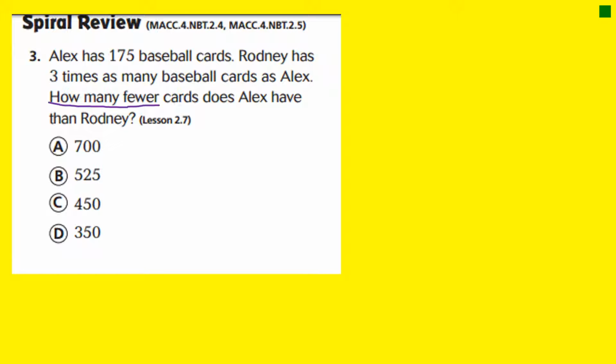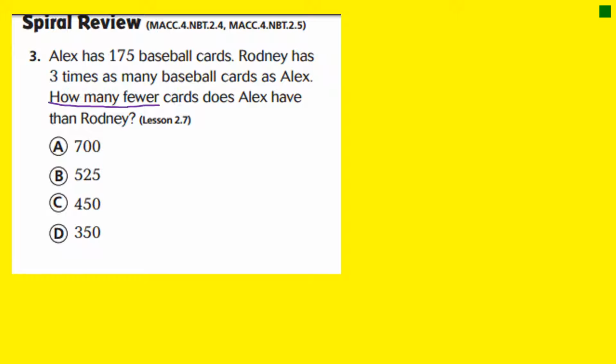Please remember that that is asking about the difference. They're asking about the difference between the amount that Rodney and Alex have. How many fewer? That means what's the difference? How much bigger? What's the difference between the two amounts? And difference is what the answer to a subtraction problem is. Okay? So when you read those words, it's probably going to be subtraction.